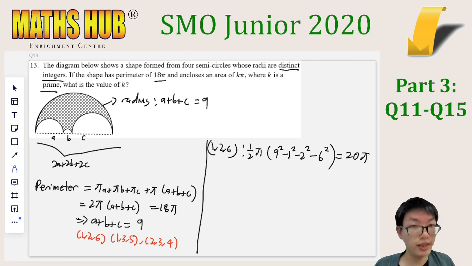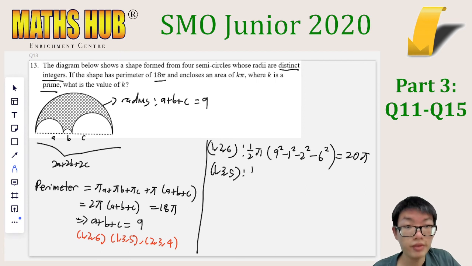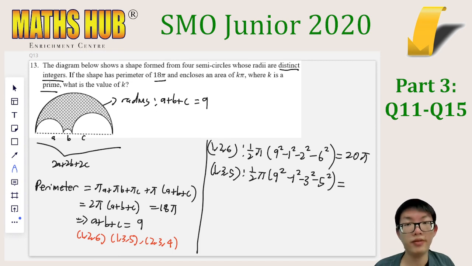20 pi is certainly not going to give you a prime number for k. 20 is not prime. So we try the next one, 1, 3 and 5. Again, we can do a quick calculation of what this would equate to. And if we do this correctly, it is 23 pi.